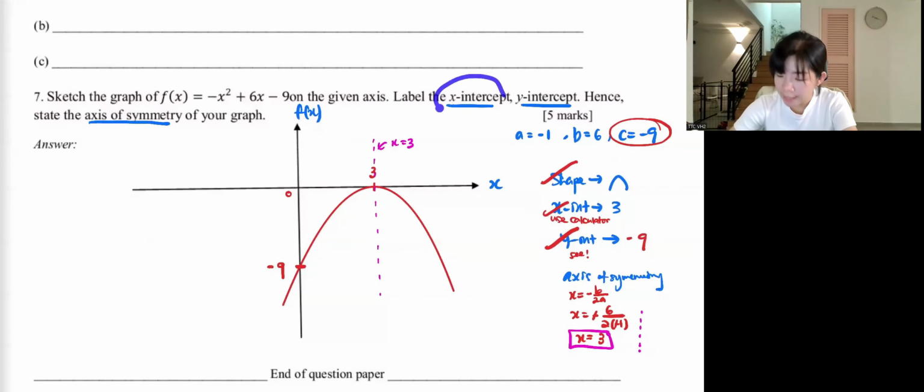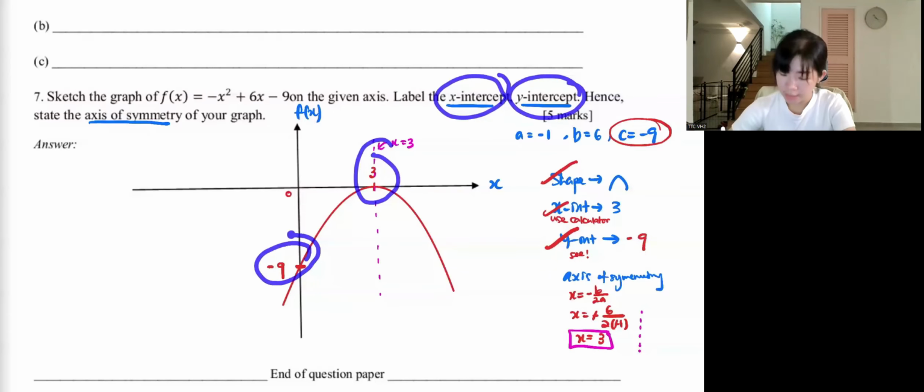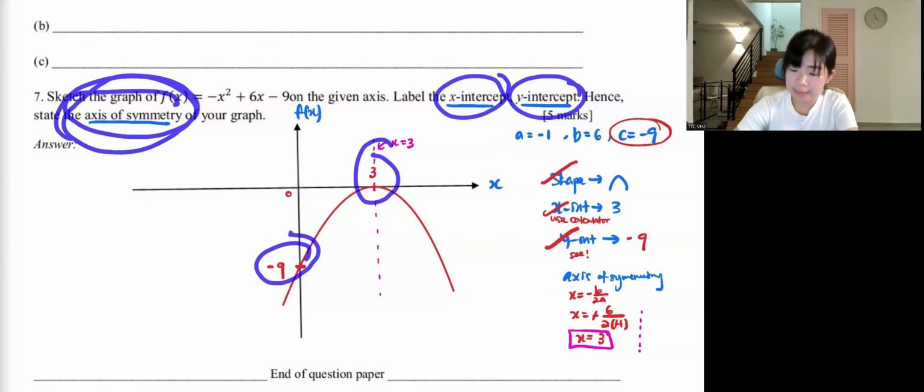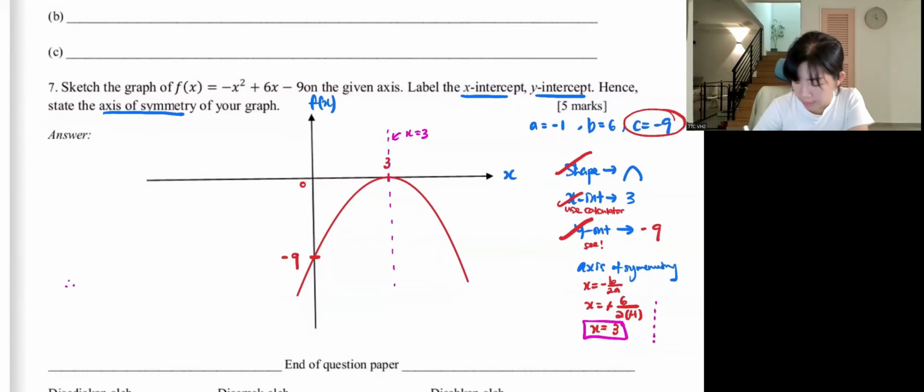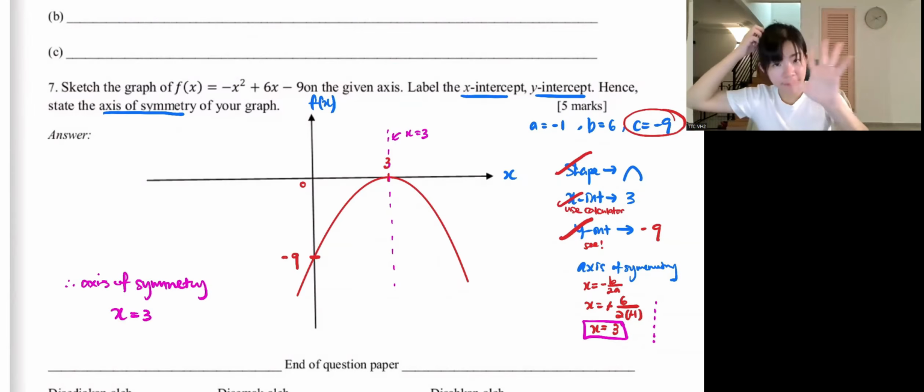The question asks you to label the x-intercept. We labelled already. The y-intercept, this one, and also state the axis of symmetry. So you can write, axis of symmetry is x equals 3. You get 5 marks for this.